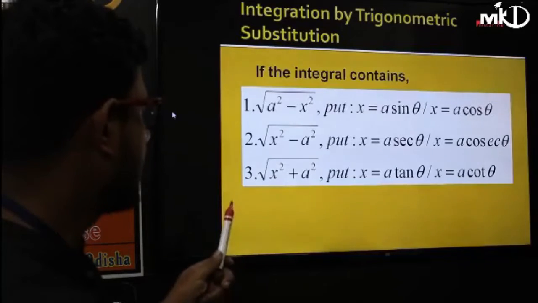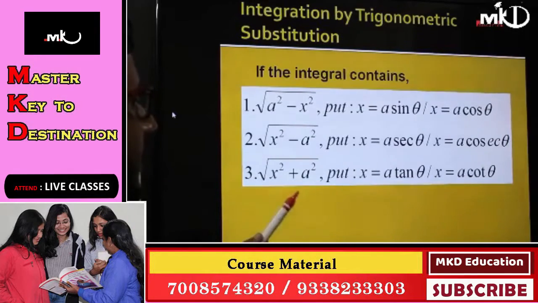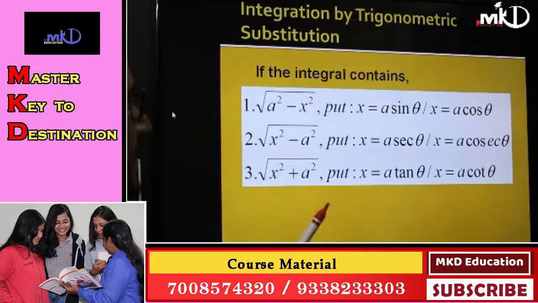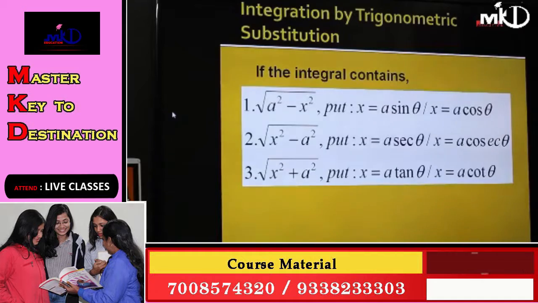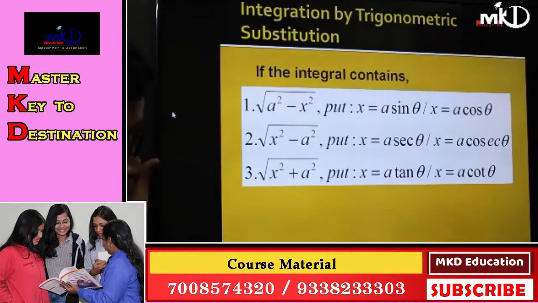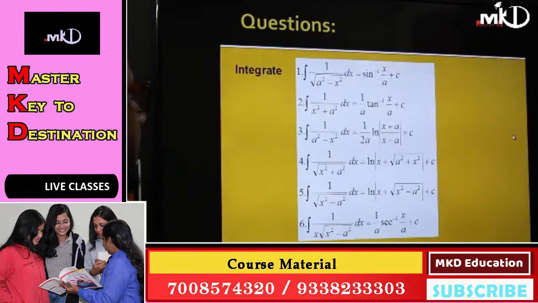And when it has terms like root of x square plus a square, we replace x by a tan theta or x by a cot theta. If we substitute like this, our problem becomes much simpler and we can find its integration. Let's see some examples where you can use these things.